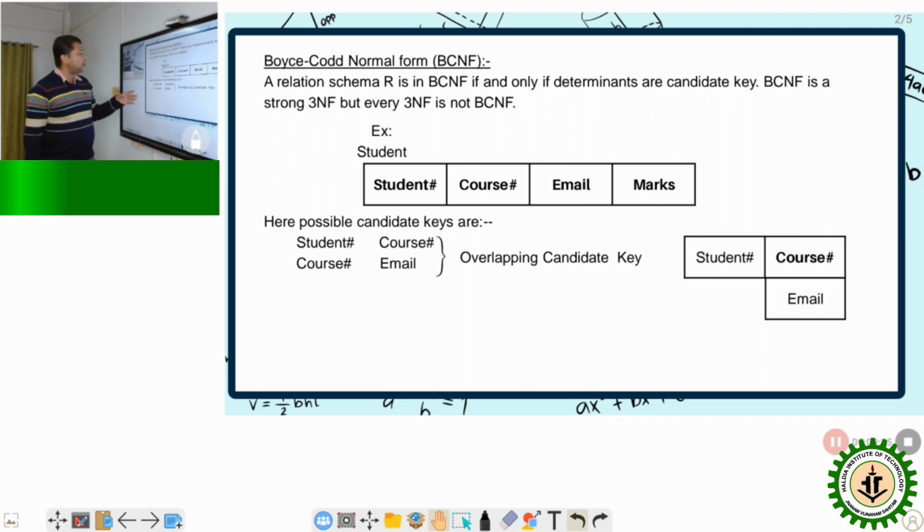Here is an example, a table named student which consists of four attributes: student ID, course ID, email ID and marks. Some possible candidate keys are student ID and course ID, and also course ID and email ID, which overlap with each other.